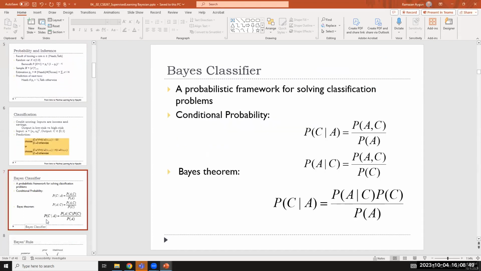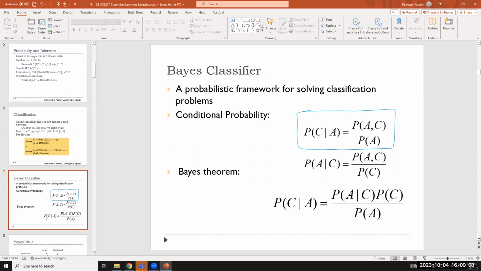So this is the core of the Bayes classifier. So if you look at this problem, this is the general formula. Always.